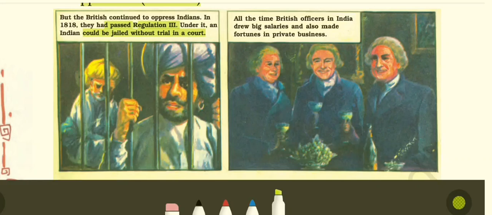So all the time, British officers in India drew big salaries and also fortunes in private business. Okay. So at the same time, Britishers were coming, enjoying India, and holding high positions, which helped them earn huge sums.